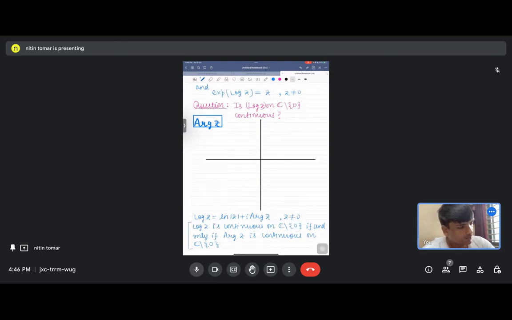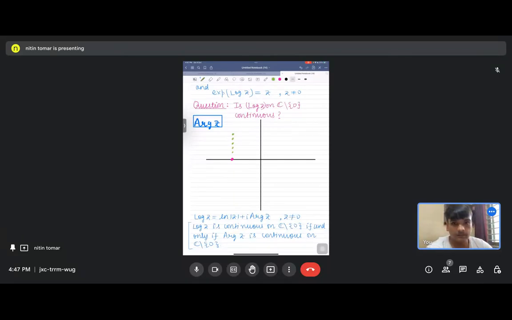Now let's say if you take any point here, I can have a sequence which converges to this point in the second quadrant. Yes or no?